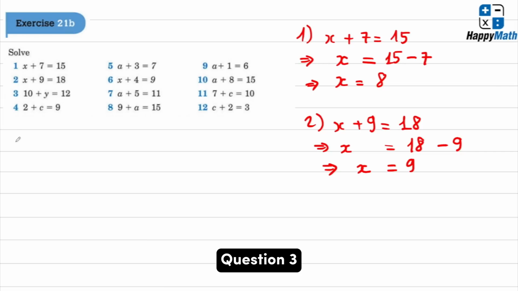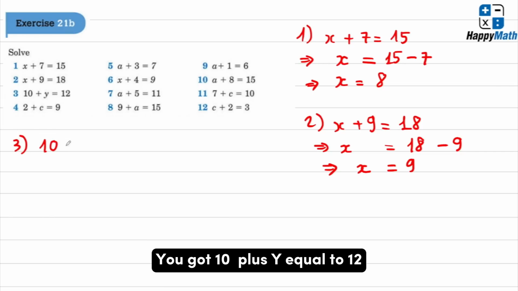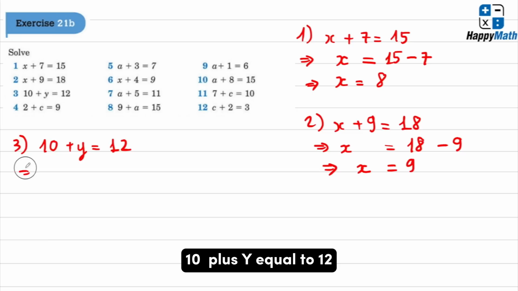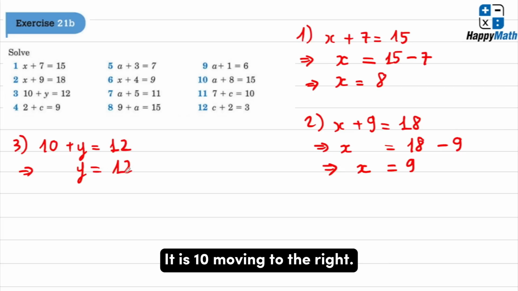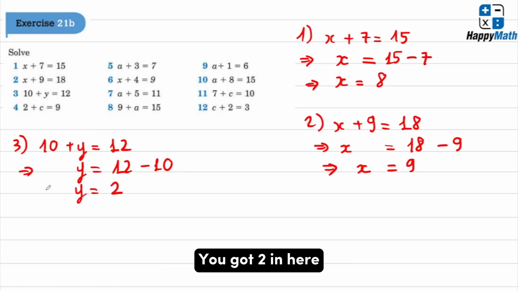Question 3, you got 10 plus y equal to 12. y is the variable, so I will leave y's position unchanged, and I will move 10 from left to right. From left it is 10, moved to right you got minus 10. So y equals 12 minus 10, you got 2, so y equals 2.